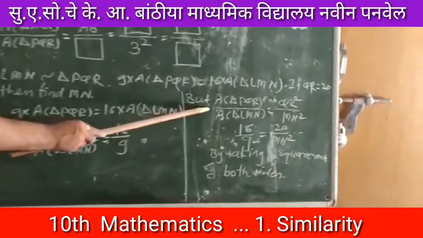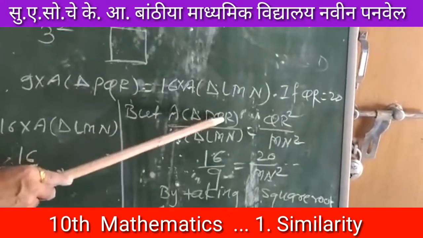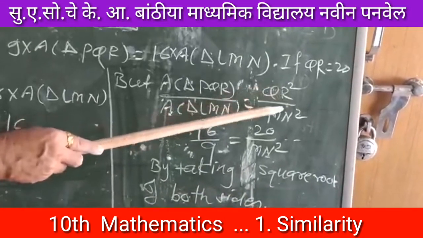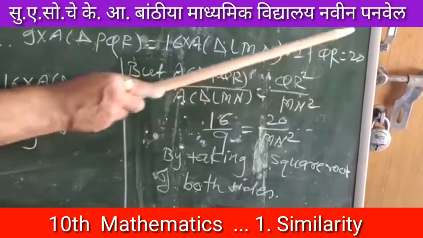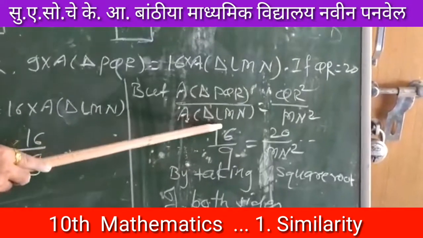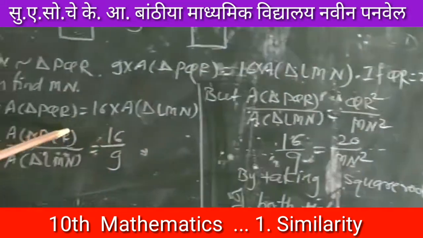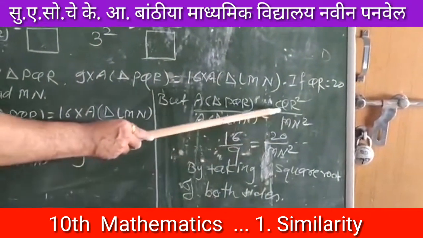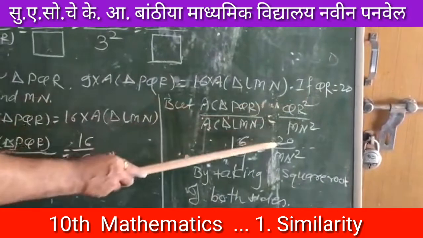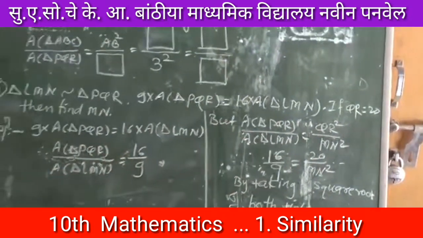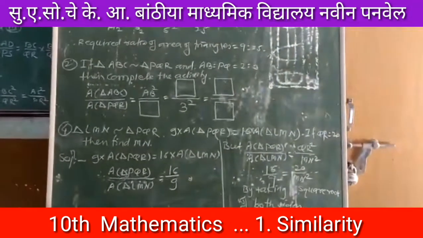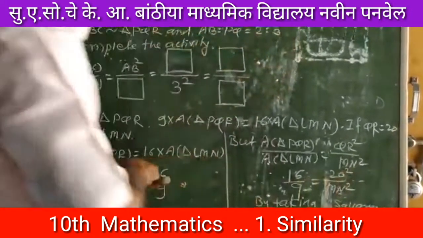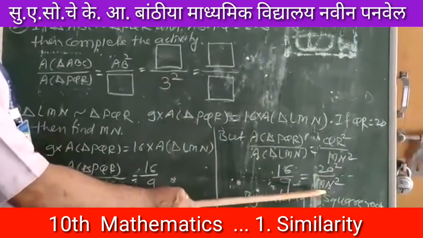But we know from the theorem, area of triangle PQR divided by area of triangle LMN is equal to QR square upon MN square. Therefore, we know here the ratio of the areas of the triangles is 16 upon 9. This is 16 upon 9 is equal to 20, already given, 20 square upon MN square.